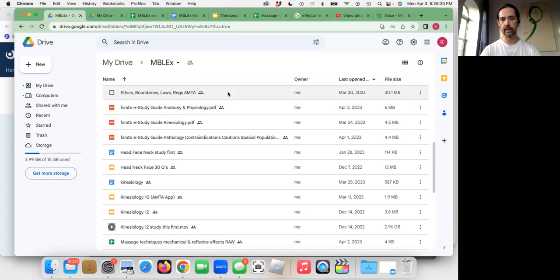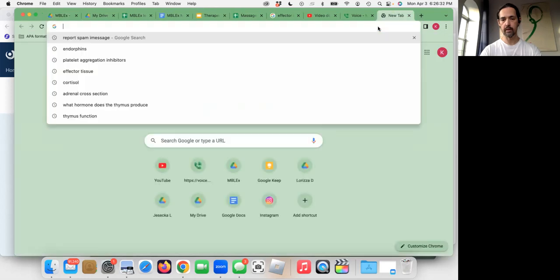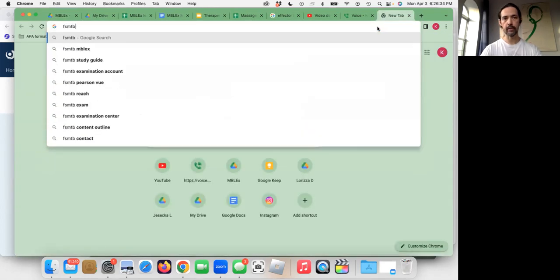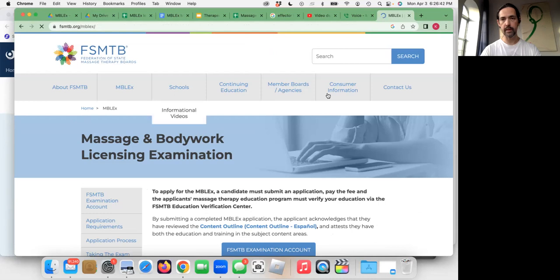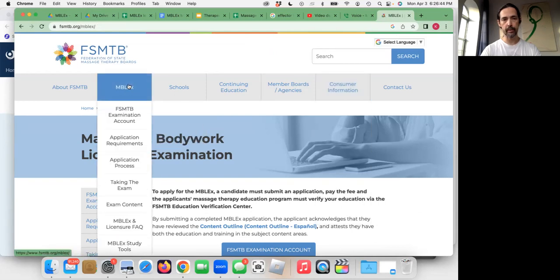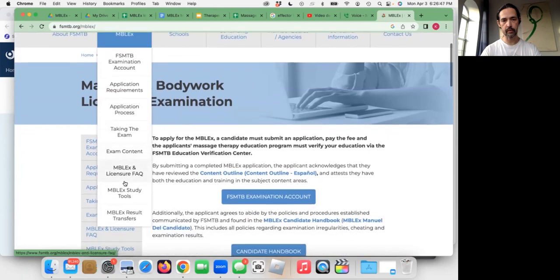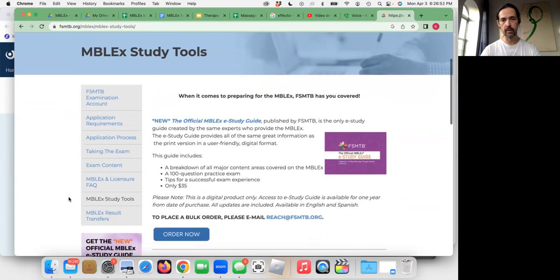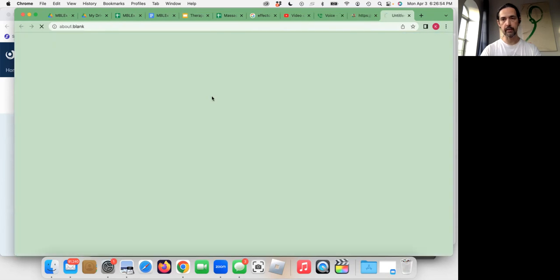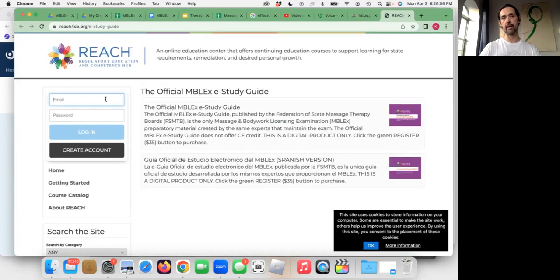If we look at the FSMTB website, and we go to the e-study guide, there's 2 guides. There's a paper guide, and then there's an e-guide.